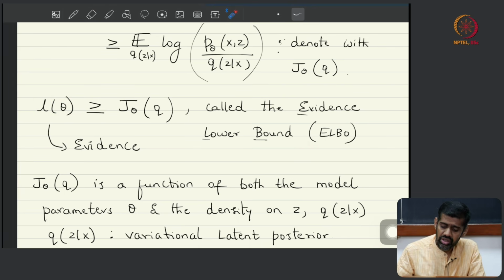The log likelihood is also called the evidence in the literature; it's a nomenclature. So what we constructed is a lower bound on the evidence. So it's evidence lower bound, abbreviated as ELBO. That's why all these algorithms are called ELBO optimization.